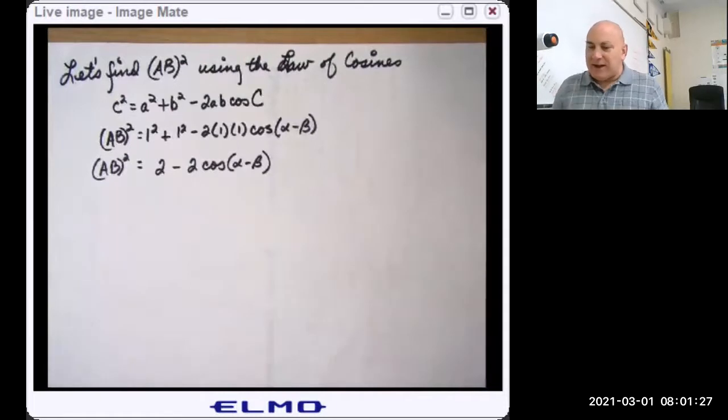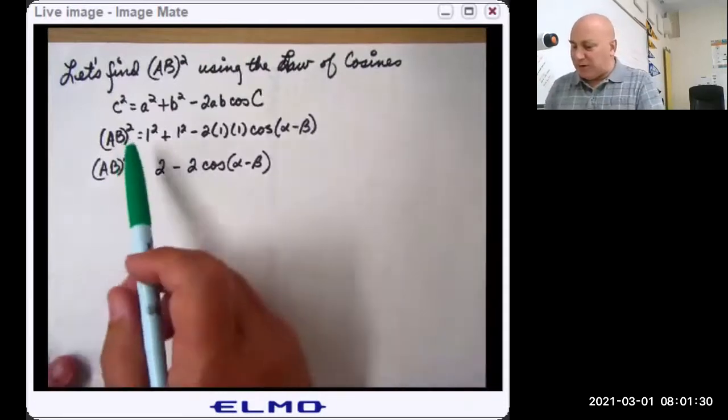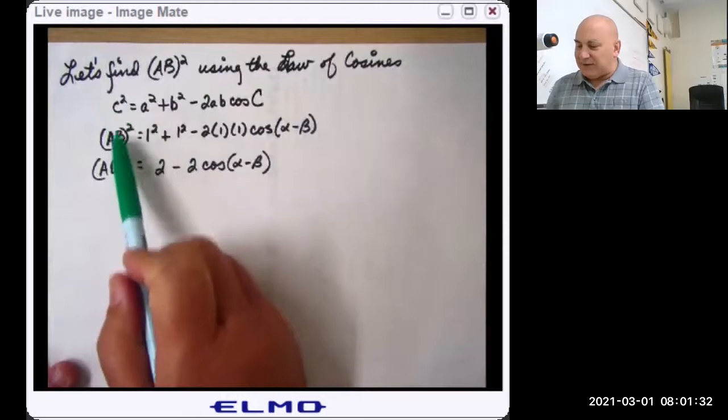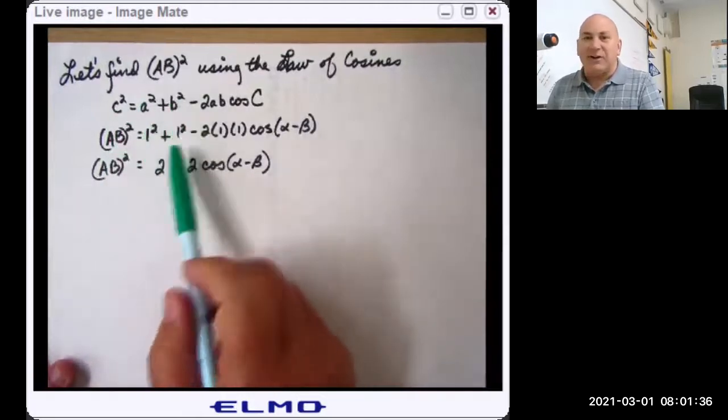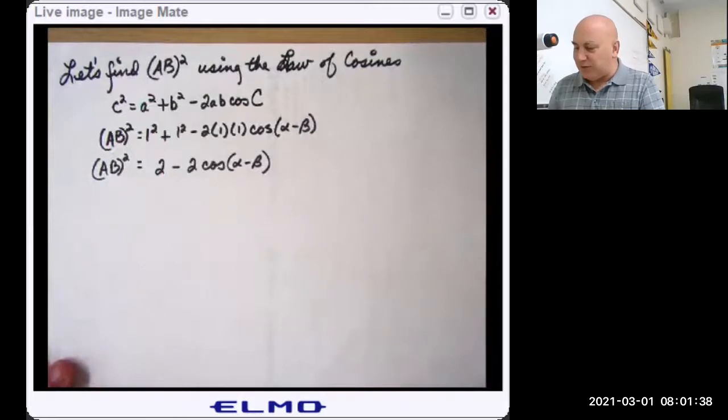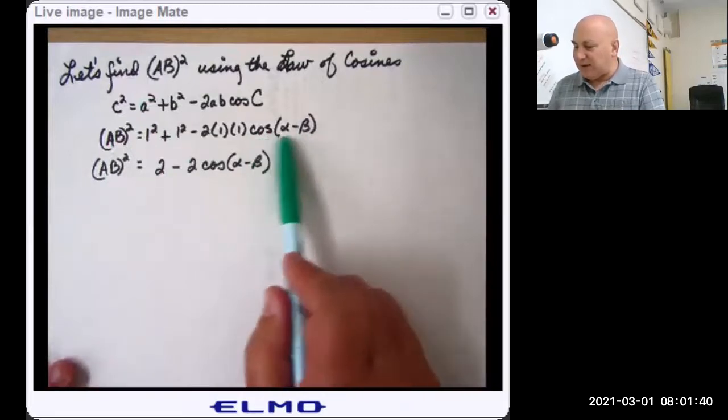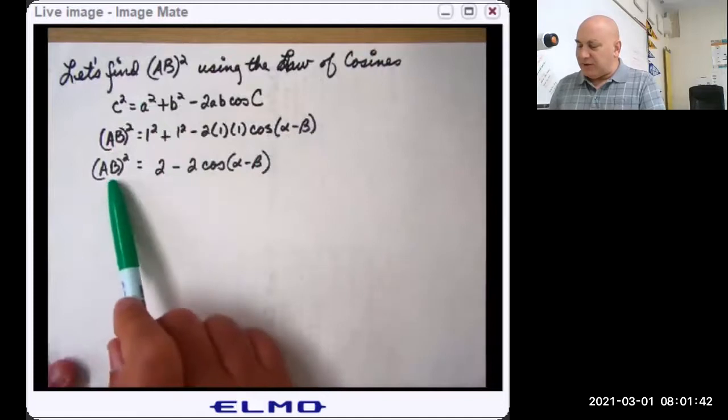So if you go back to how I drew the picture before, the opposite side is AB. Side A is 1, side B is 1 because they're both radii of the unit circle. And there's cosine of A minus B. Alrighty, so there's the length squared.